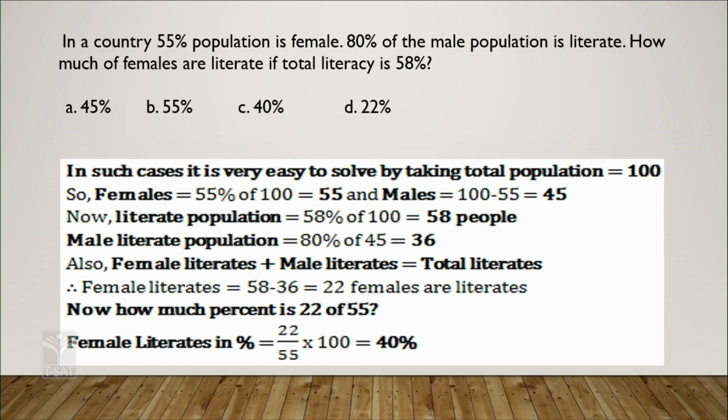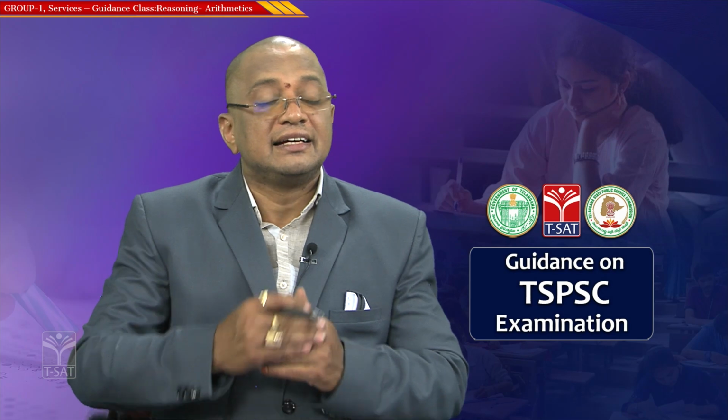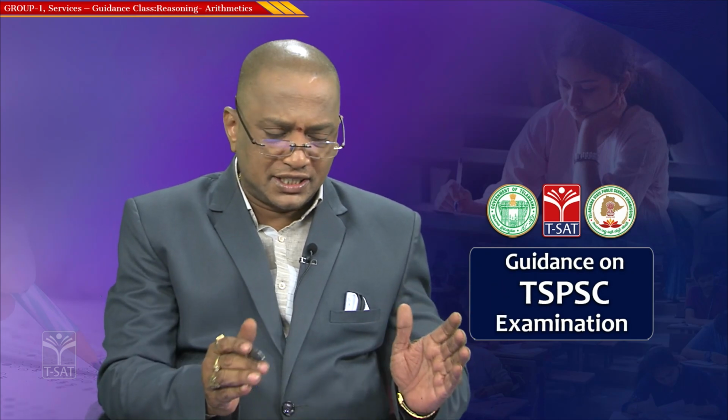So, 22% remains, correct? You have to calculate 22 out of 55, how much percent is it? 22 by 55 into 100, obviously 40%. Without using a pen also you can calculate, but I will give clarity to the explanation here.